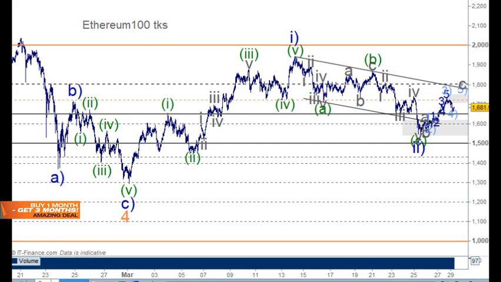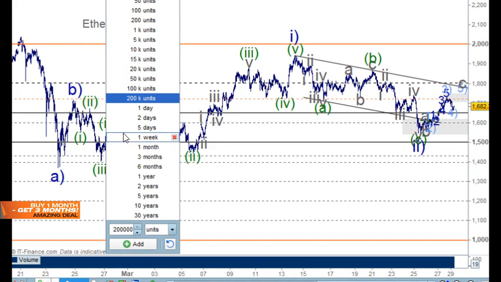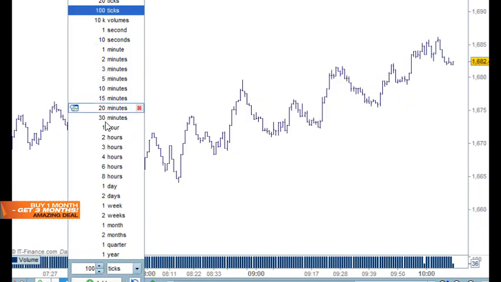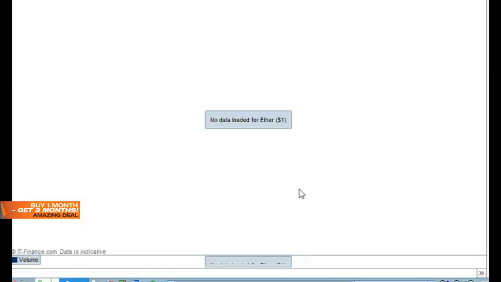I've got a bit of an issue here with Bitcoin and Ethereum on my charting program. I can only get the tick charts happening, so there's definitely an issue at the other end for my charting program. For Bitcoin and Ethereum today, I'll just have to work off my tick chart.